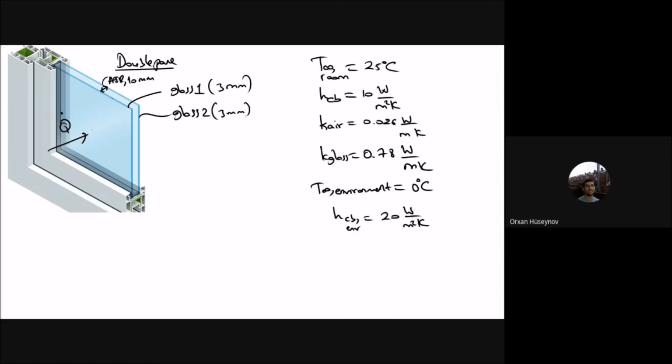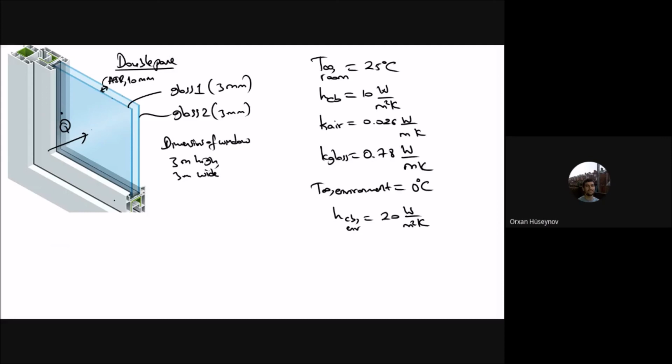We will also need the glass dimensions: the window is 3 meters high and 3 meters wide. These are the values we have got. The question is what is the heat flow through this window with the given values. Now let's solve it.